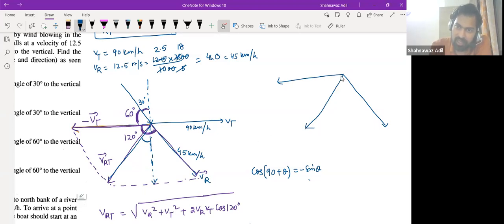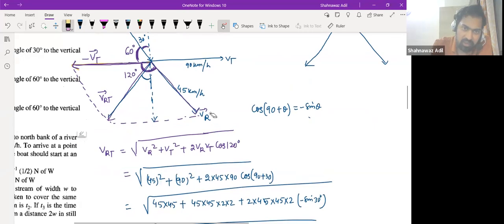So how can we find the angle? Opposite to this one, we have this whole angle. Or if we draw these triangles, this is VR, and this is 30, right?